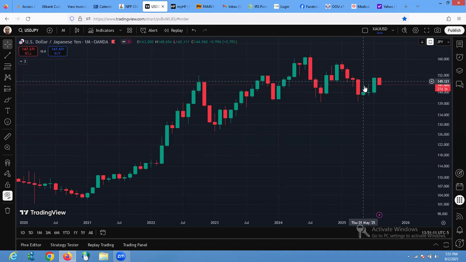The pin bar still tells us that the price will still go up. The second month, the same thing happened, the price still wanted to grab liquidity, and we had this to the upside, and this closed properly.